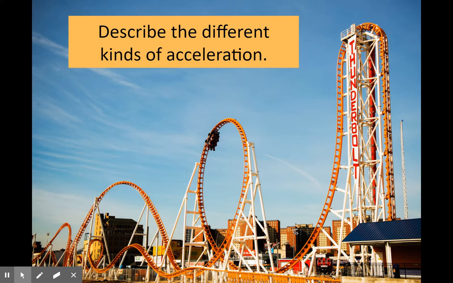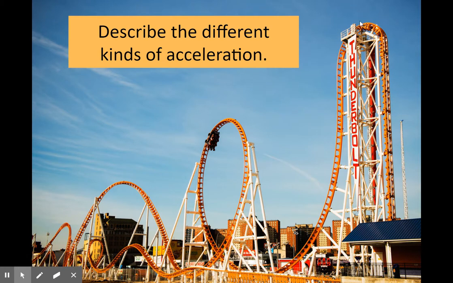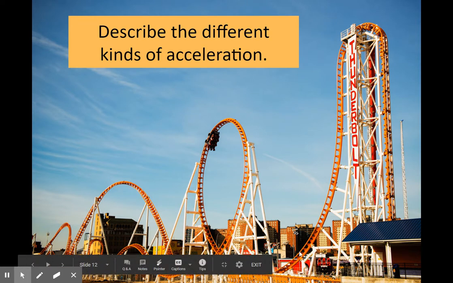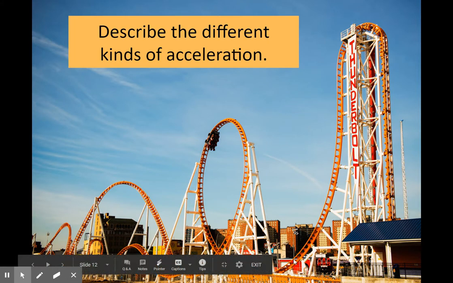If you go on a roller coaster, you're going up there and over the top, and you're going very slowly, so you have a low V1, or your initial velocity. Then you go faster, faster, faster, and down here is where you're going the fastest, at the bottom of this, so that would be your V2. So you'd have positive acceleration going down here.